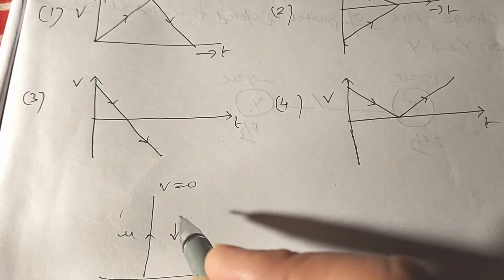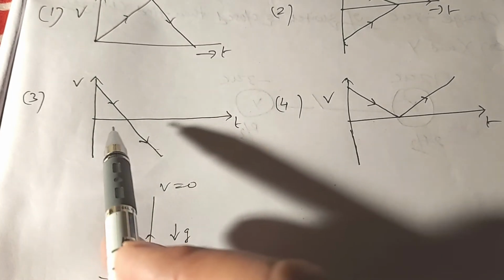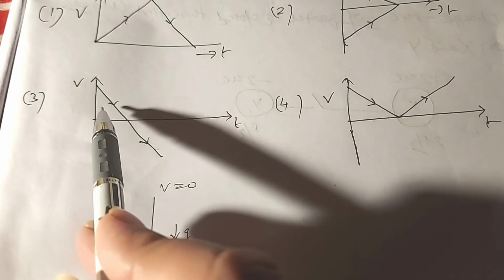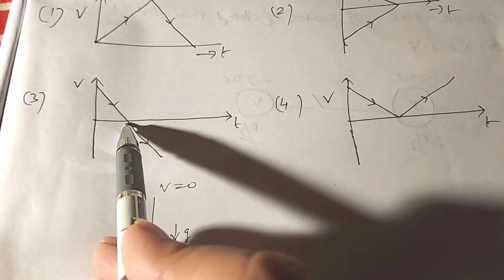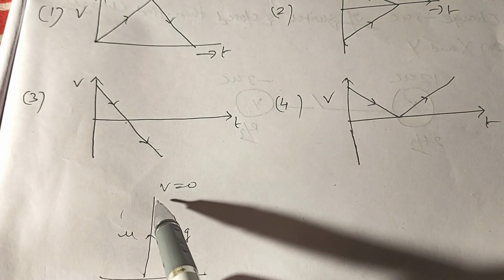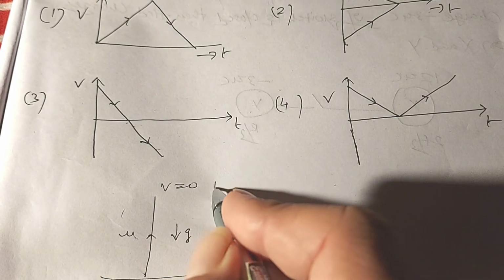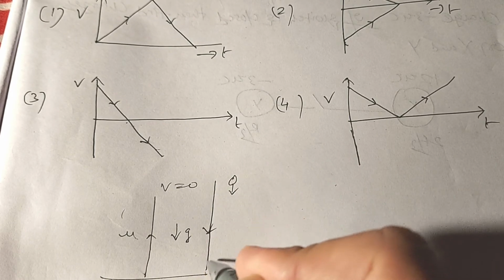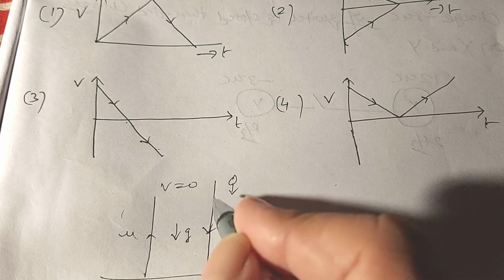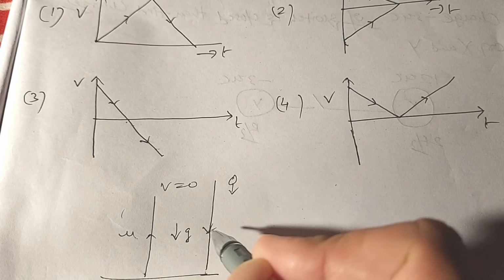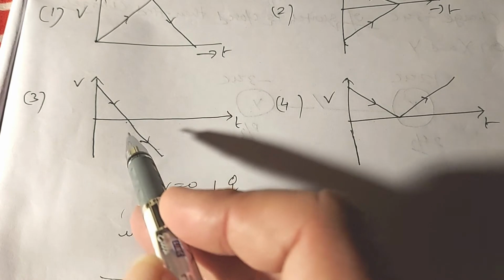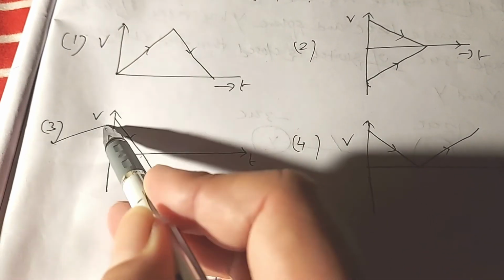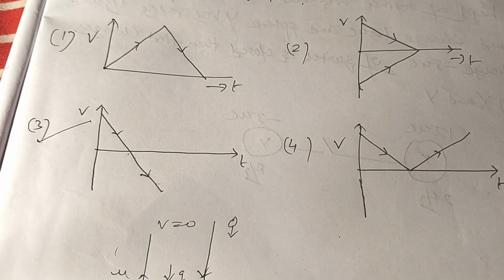So if we draw a graph for velocity and time, see this graph, as time increases, velocity decreases, and at a particular time the velocity of the body becomes 0. After that, the body changes direction and moves in the negative direction. Its velocity gradually increases. So the correct graph among the following is the third one.